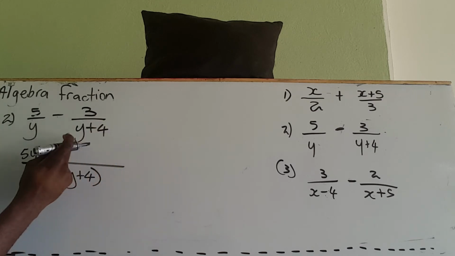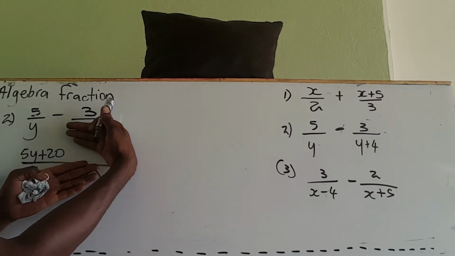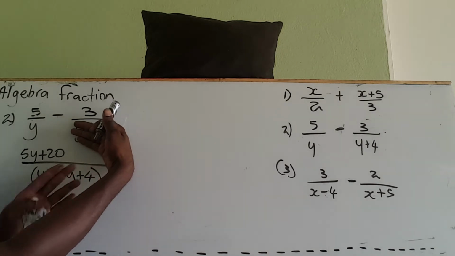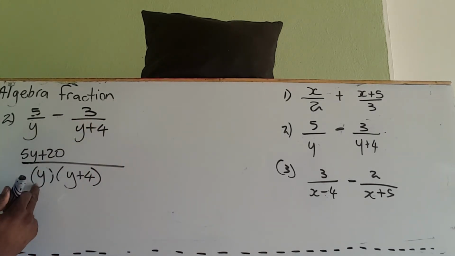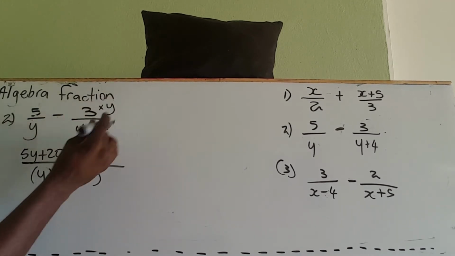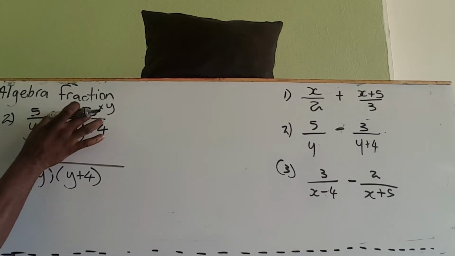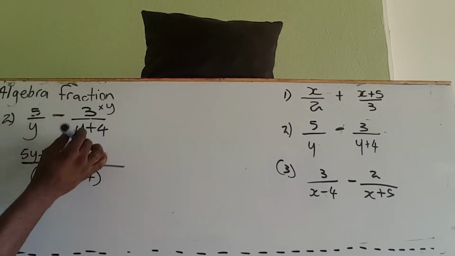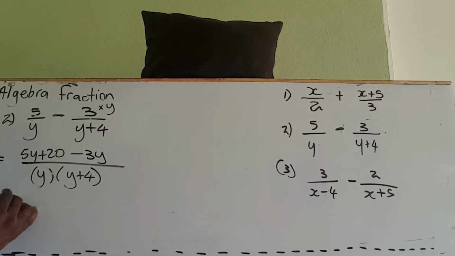The next move is that we intend to divide this y plus 4 into y plus 4. If I should put my hand over it, you would see that it would have cancelled, y plus 4 cancel y plus 4, leaving the y. So the y will be used to multiply by the 3. But this is not really 3, this is a minus 3. So it's going to be negative 3 times y, that's going to be negative 3y. At this stage, we can now simplify.